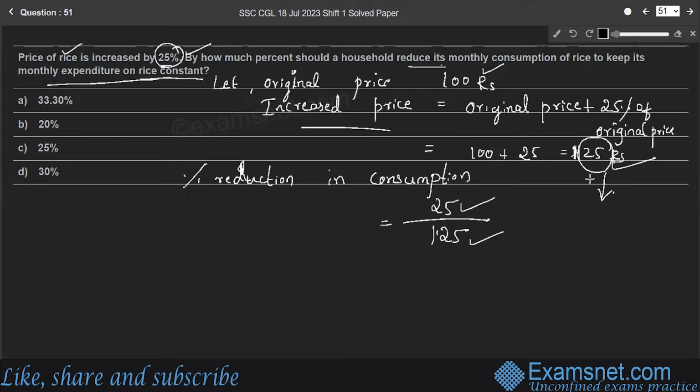Therefore, for 100, it is 20%. So the answer is 20%, option B. The household should reduce its monthly consumption of rice by 20% to keep its monthly expenditure on rice constant. So option B is the right answer.